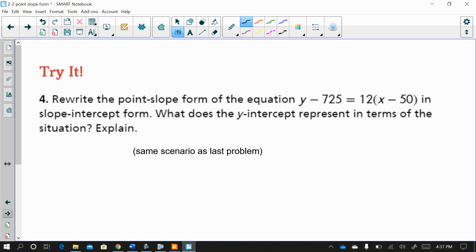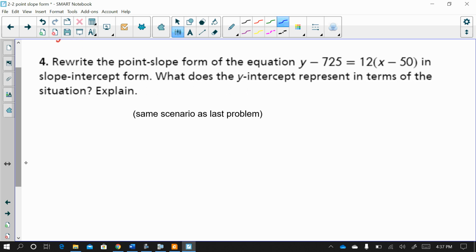So here's the equation again. y minus 725 equals 12 times x minus 50. I want you to rewrite that in slope-intercept form. And then we'll talk about what the y-intercept means. So pause the video and please try this.